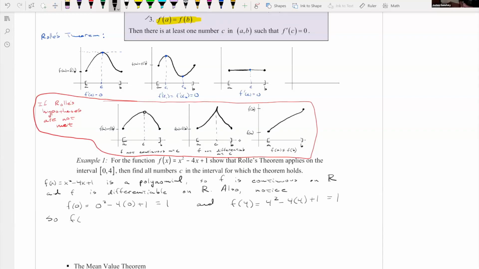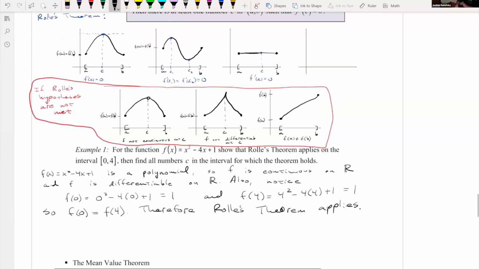So f of 0 is equal to f of 4. Therefore, Rolle's theorem applies.